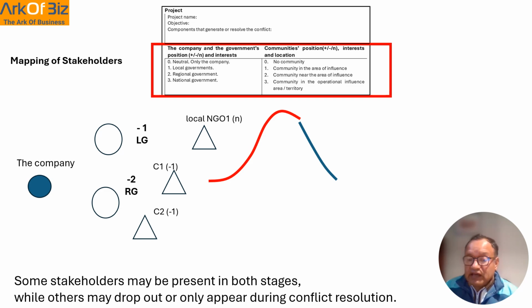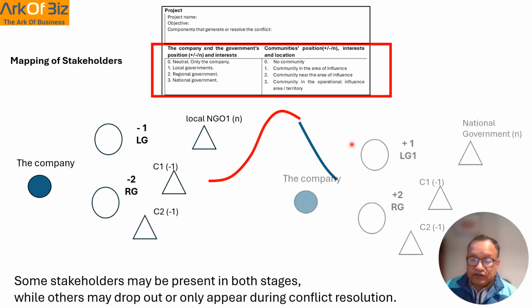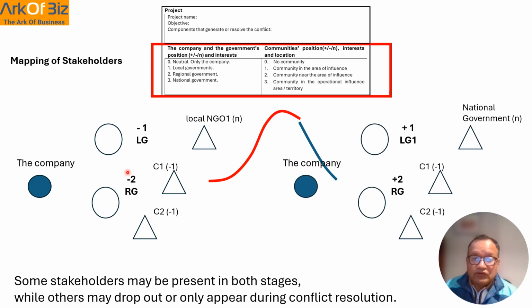Okay, let's recap these 2 elements. First, we need to map stakeholders in 2 stages. Remember, one in the conflict escalation stage, and another in the conflict resolution stage. So we need to map the stakeholders in these two stages.